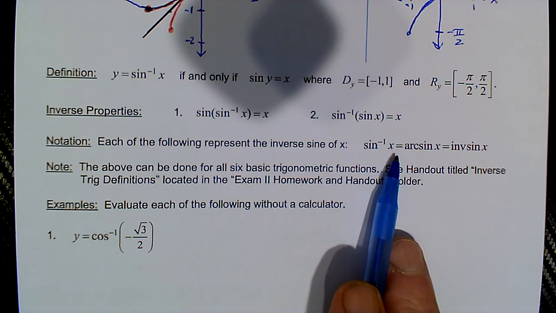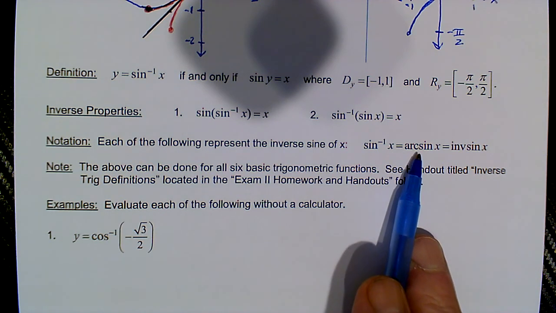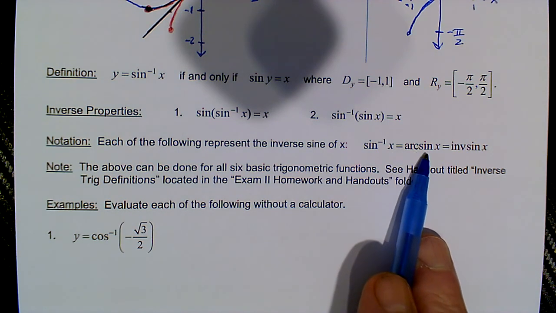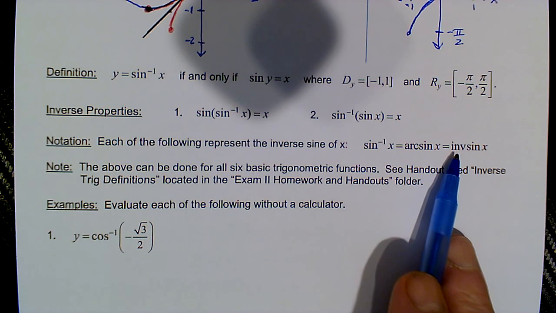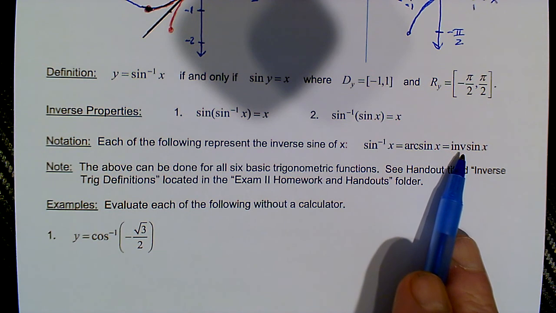But you will see other notations. Another common notation is arc sine, so the arc indicating the inverse, arc sine of x. Or you could literally see it spelled INV sine of x, which obviously means inverse sine of x.